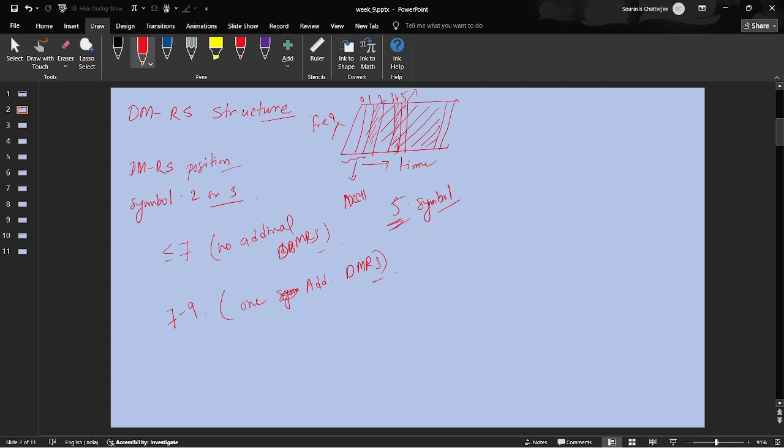Fine. And in this particular scenario, what should be the location of DMRS? One is fixed, you already know, that is symbol 2. Another one, where should it go? It will be the 7th. Okay, so basically I'm having the second and 7th.